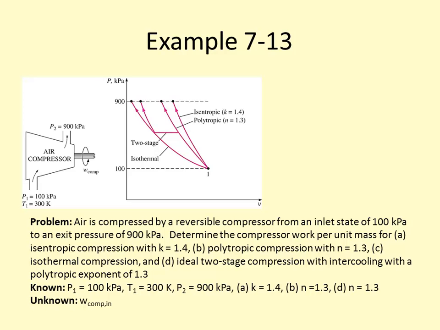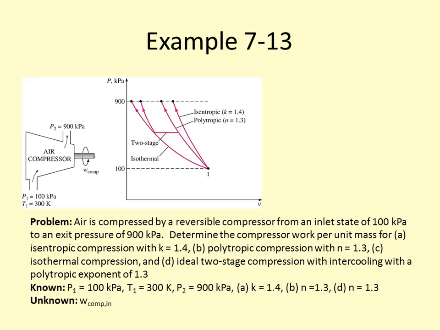The second tip is when you look up R, it's equal to 0.4961 BTUs per pound mass Rankine. Now, when we work in the SI units, a kilojoule per kilogram is equal to a kilopascal times a meter cubed.